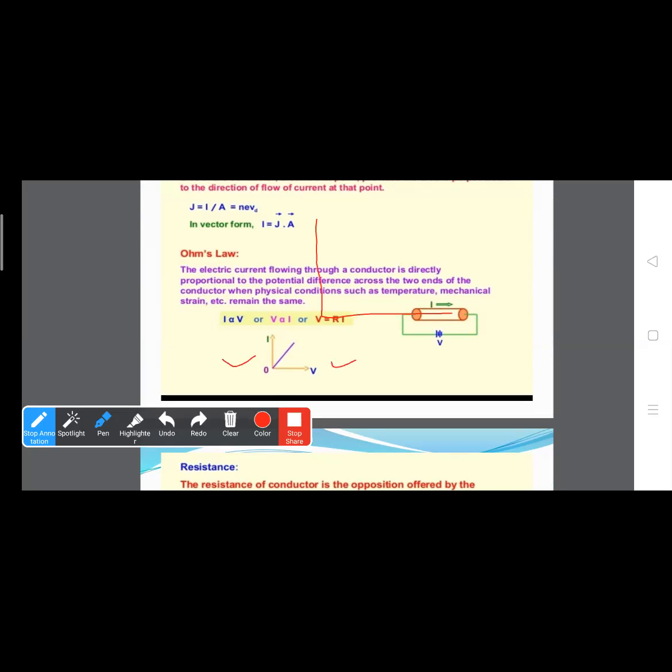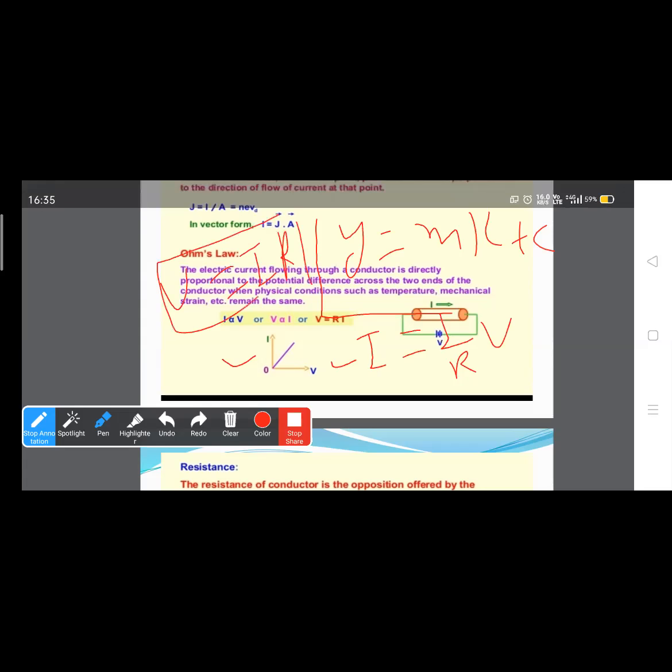Clear? From the equation of a straight line, y equal to mx plus c, here y equal to I, m equal to 1 upon R, and x equal to V. So from this we found that V equal to I into R. Clear?